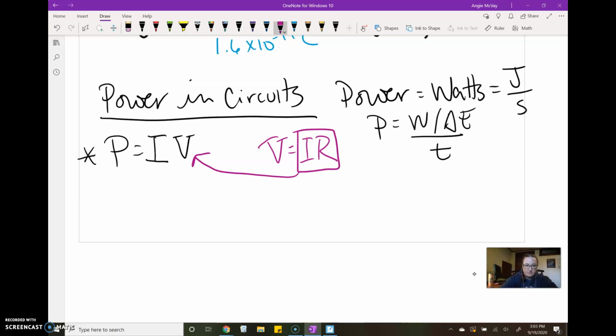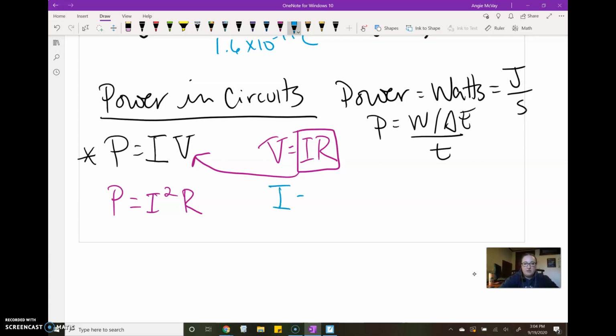Then we would get power equals I squared R, because you'd have I times IR. Then what if instead we plugged in for I?